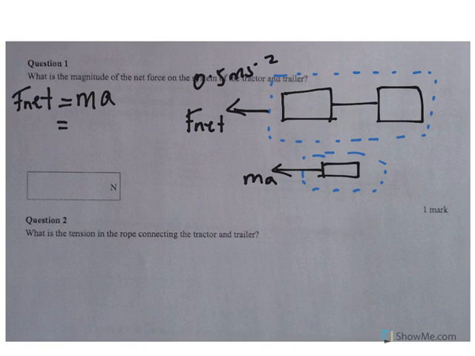The mass of this system is the mass of the tractor, which is 500 kilograms, and the trailer, which is 2,000. So really there's 2,500 kilograms of mass. It's accelerating at 0.5 meters per second squared. So our total magnitude of the net force is 1,250 newtons.